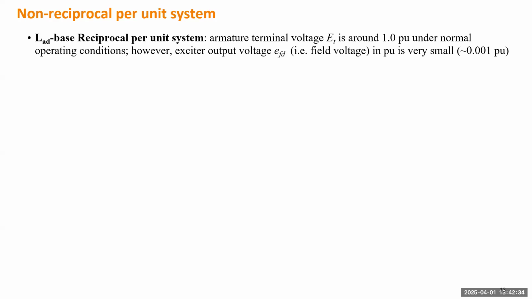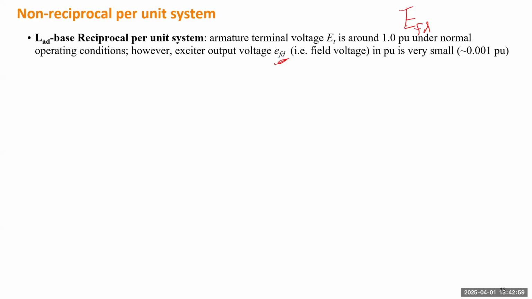There's one step where I didn't use this EFD, the field voltage. I used something like a capital EFD. I said using this capital EFD will make the entire equation somehow simpler, and it is actually the conventional way to model generators with an exciter.